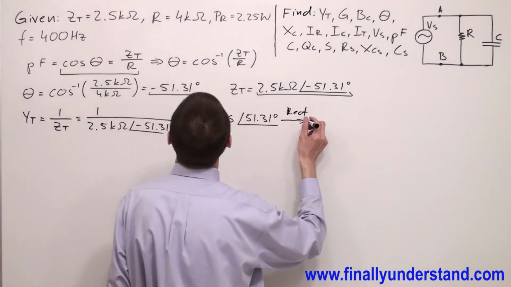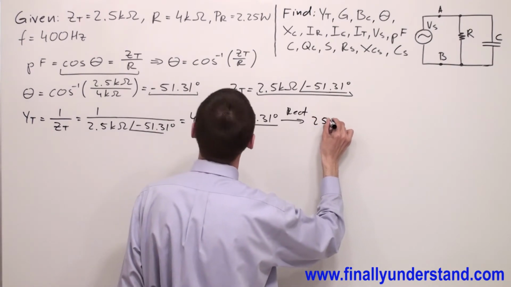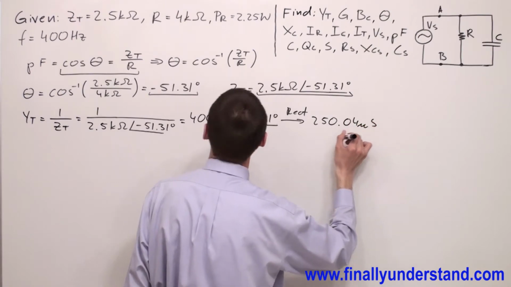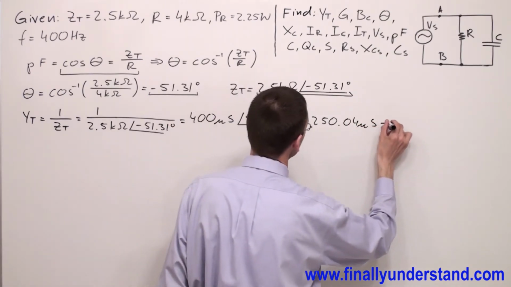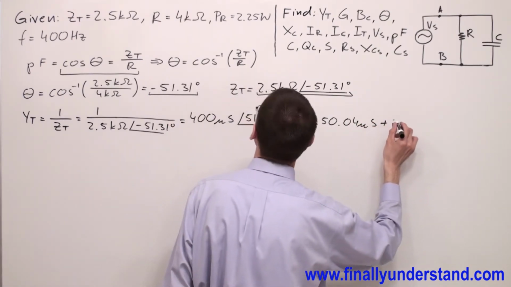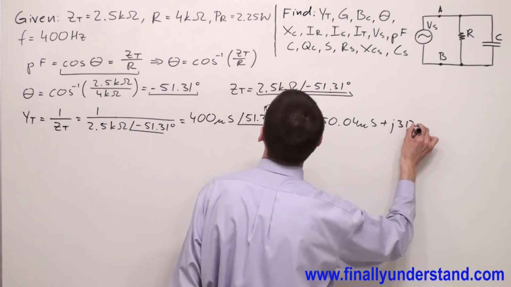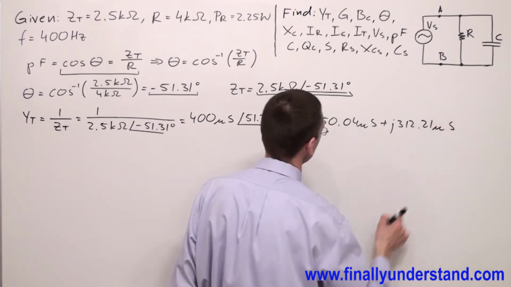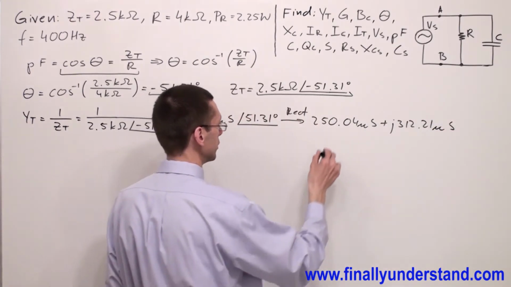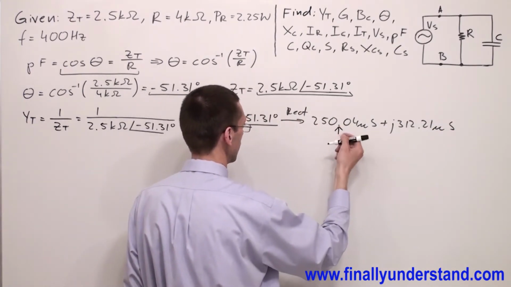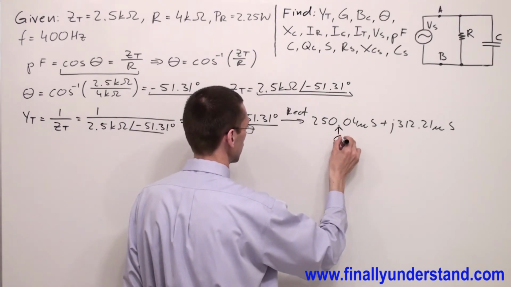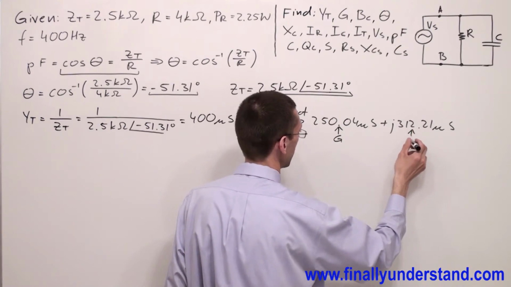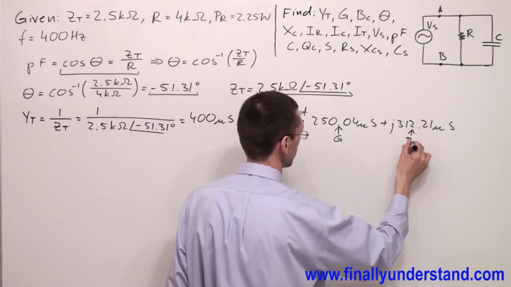And you're supposed to obtain 250.04 microsiemens plus j 312.21 microsiemens, where the real part of my answer is conductance and the imaginary part is my capacitive susceptance.